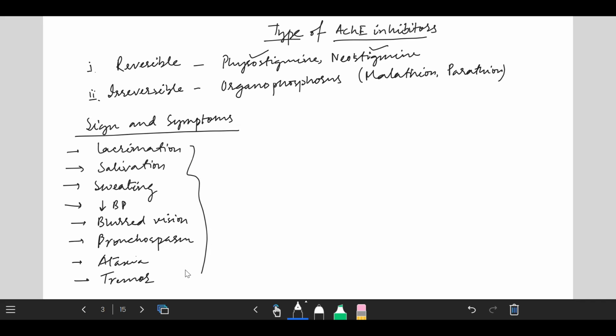And slowly it leads to vascular collapse, then respiratory paralysis, and obviously it leads to death.